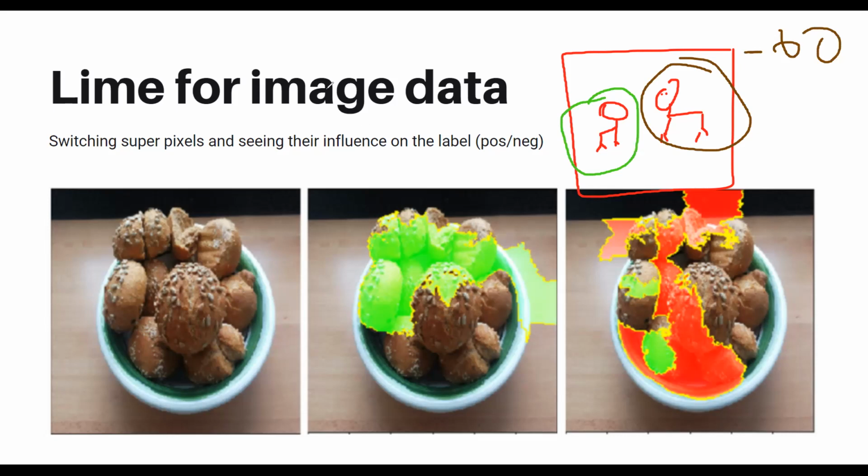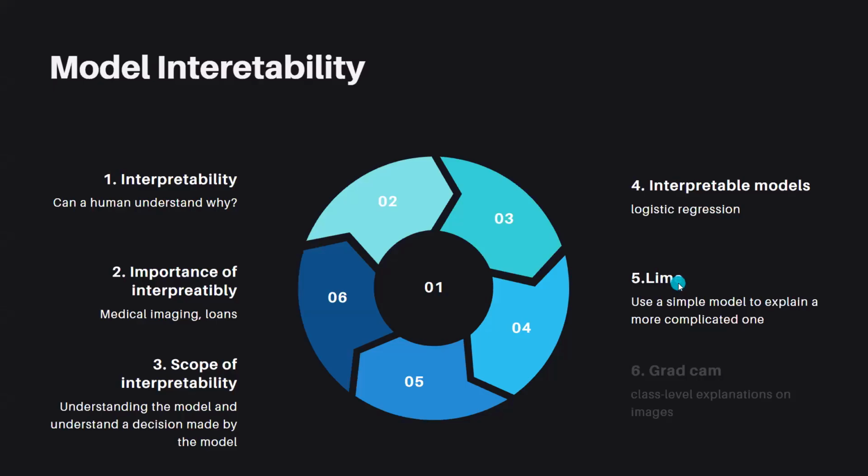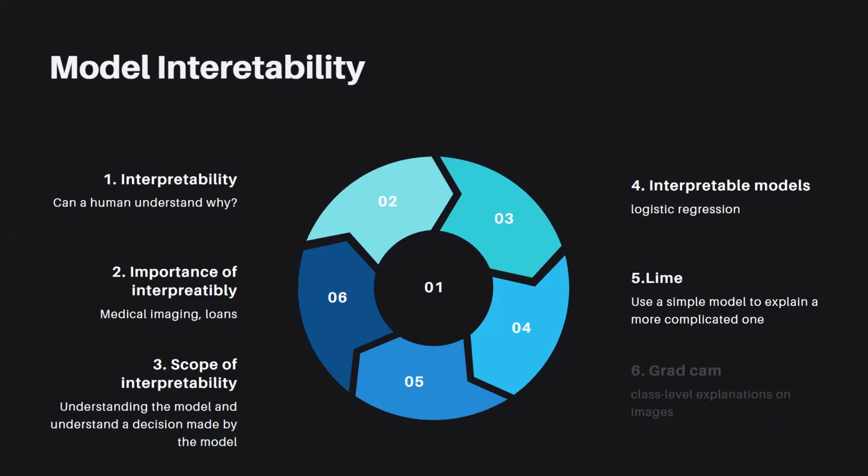Very low. Did you get it? So basically you can get both. You can get the most influential and the most non-influential, going in the opposite direction. So is it clear so far, LIME? This algorithm. Any questions?